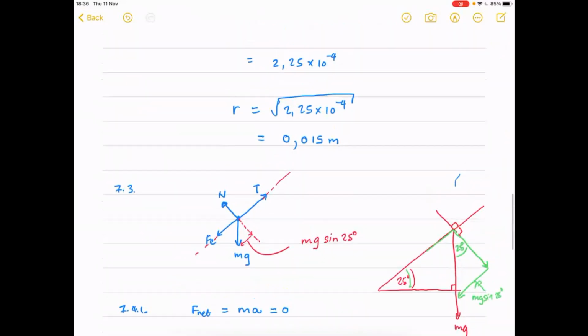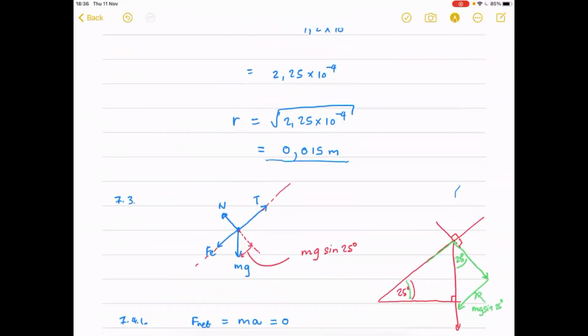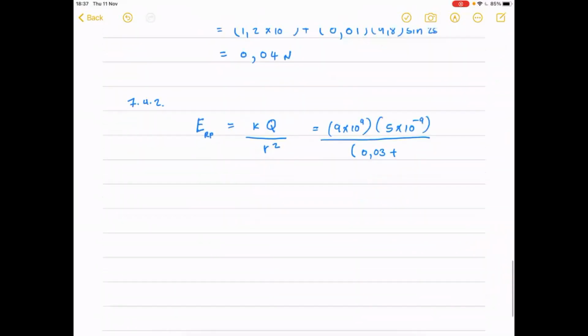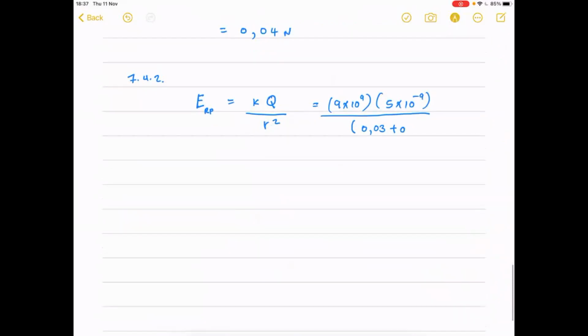They asked us to calculate the distance R between the two, 0.015. So it's 0.015, all squared.